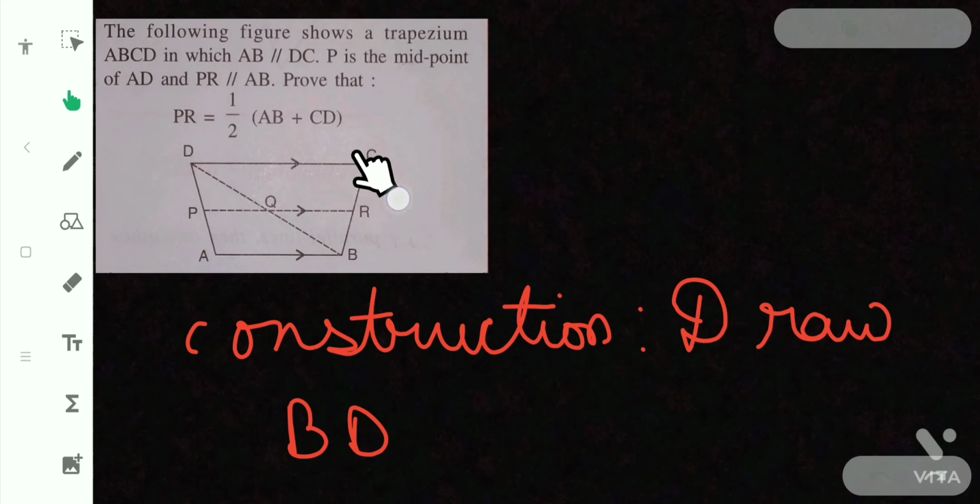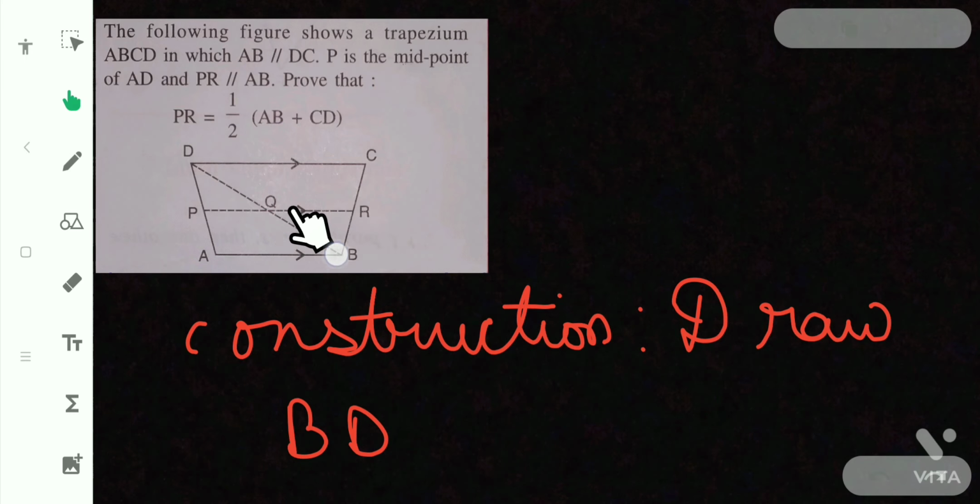So RC is equal to RB. Bisecting is nothing but dividing into two equal parts. RC will be equal to BR. When RC is equal to BR, R is midpoint of BC. So now it is midpoint. We have proved by converse of midpoint theorem.